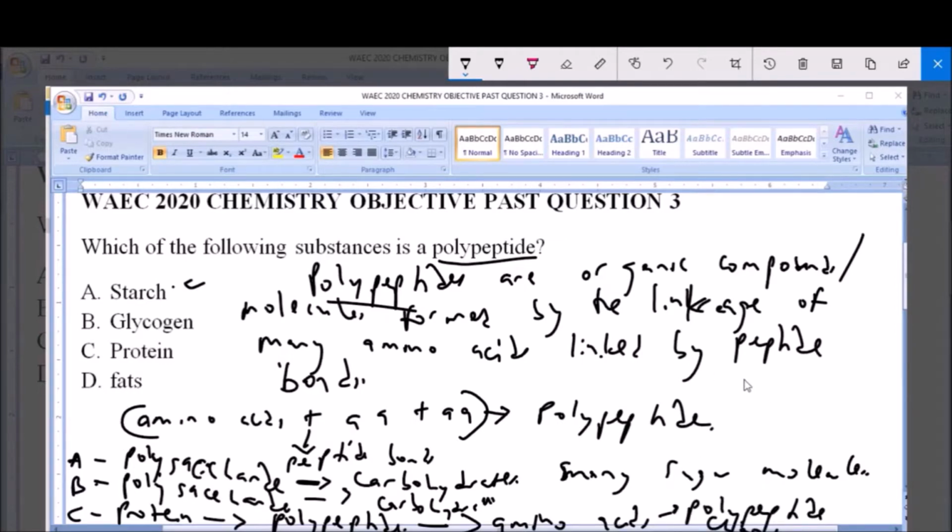And then D, which is fats. Fats are basically just solid lipids of animal origin, so that is not connected to polypeptides. As we have rightly established, protein is a polypeptide. So option C, which is protein, is the correct answer to this question.